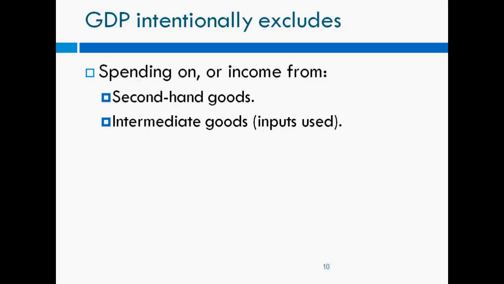Intermediate goods, that is, the inputs used in the production of a final good which is sold this year. For example, if we count the market value of iron bars that are sold this year in the Australian economy. Let's say that's the final product, iron bars. So we count that as part of GDP. What we don't count is the value of the iron ore independently of the iron bars. The iron ore was used to make the iron bars.